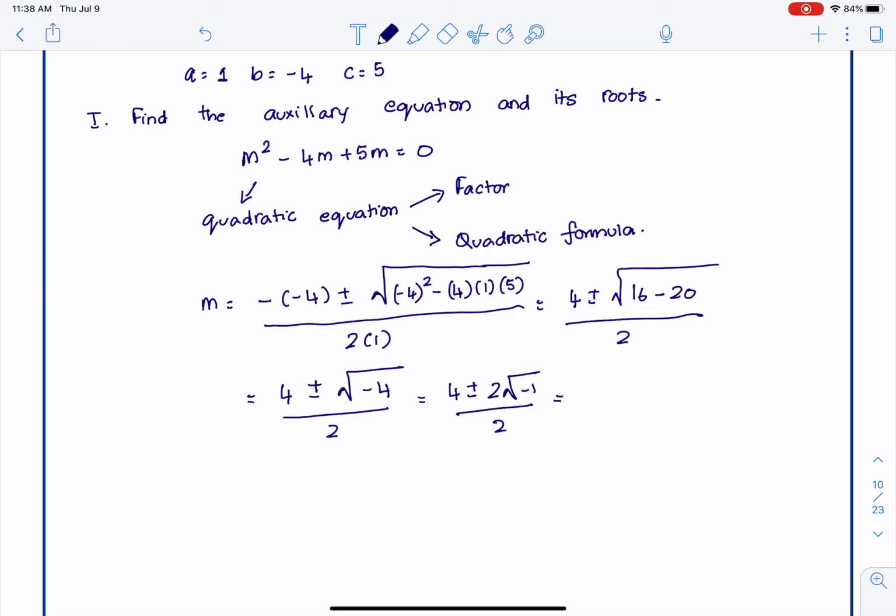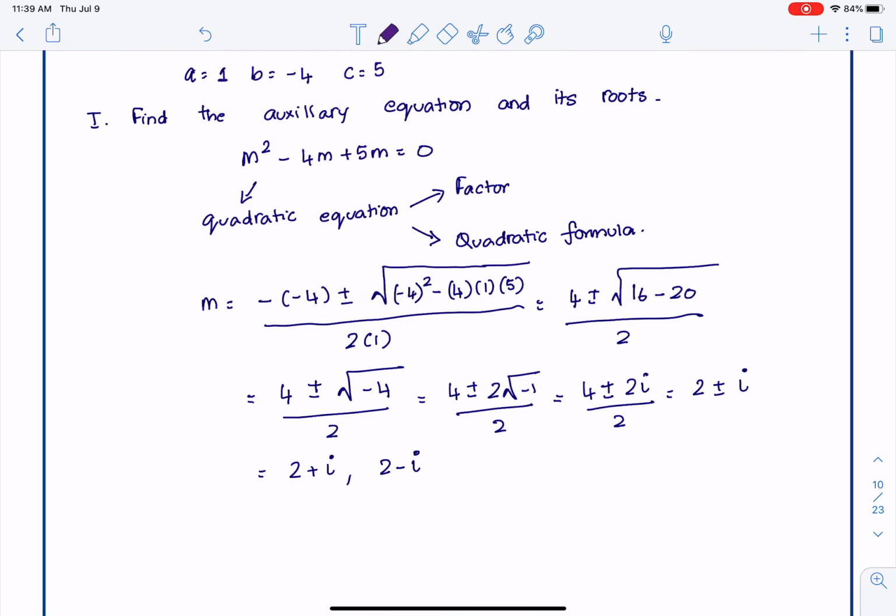But we know that square root of negative 1 is i, so we have plus or minus 2i divided by 2. We could cancel out the 2's, so we have 2 plus or minus i. And you can see that the first root is 2 plus i, and the second root is 2 minus i.